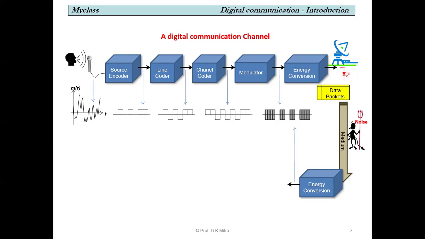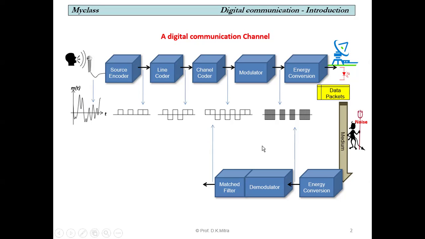It creates the same carrier modulated waveform. Then there is a matched filter and demodulator, which creates the same waveform which was out of the channel coder at the transmitter end. Then there is a channel decoder, which creates the same waveform here.